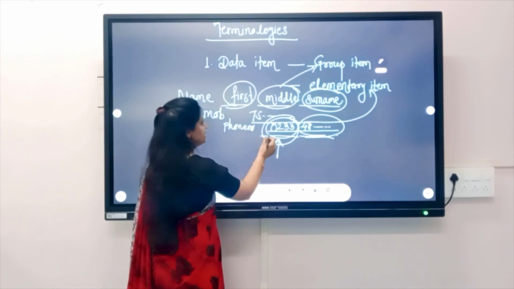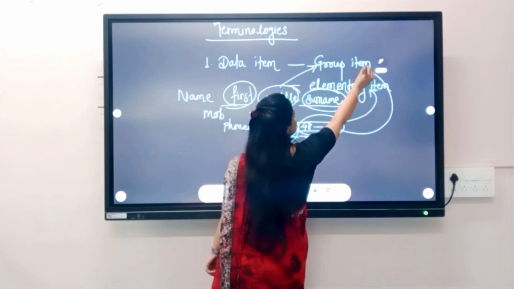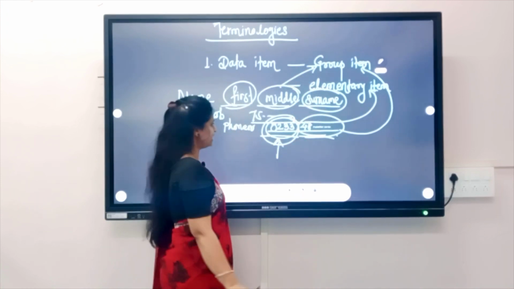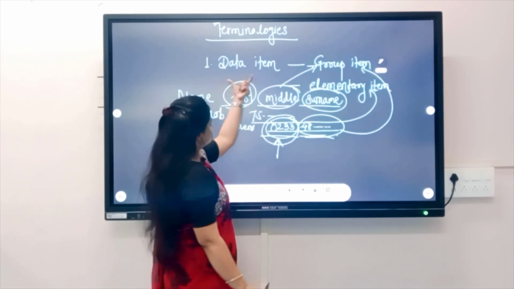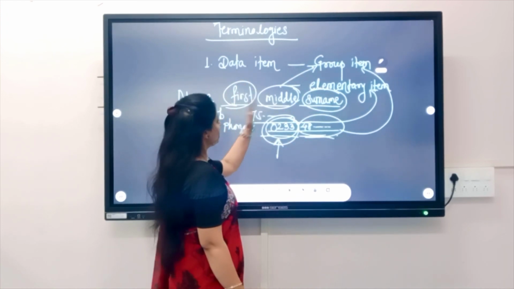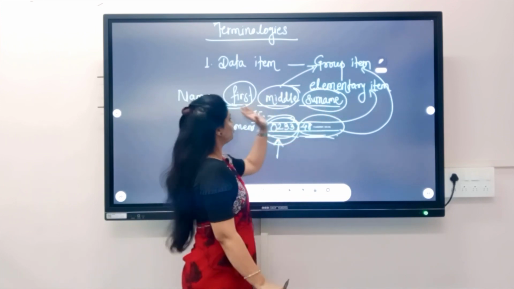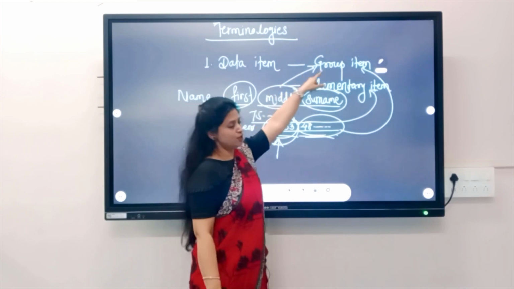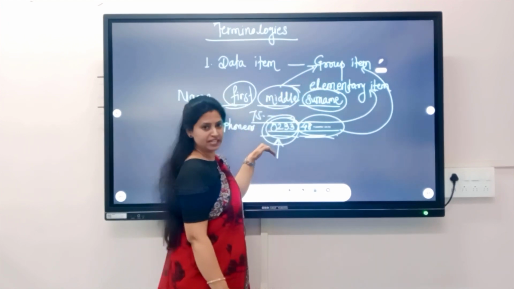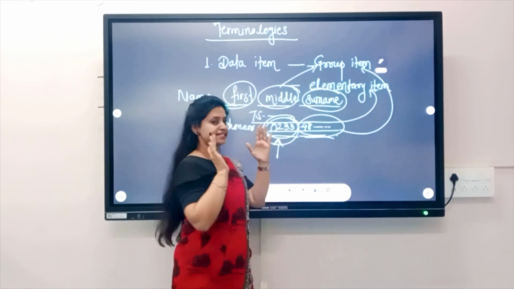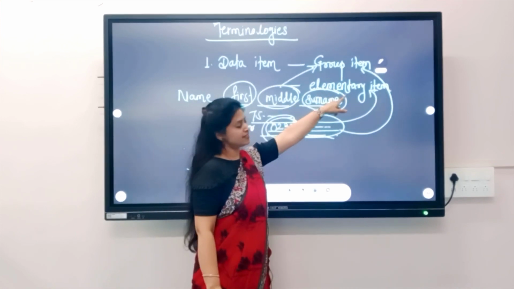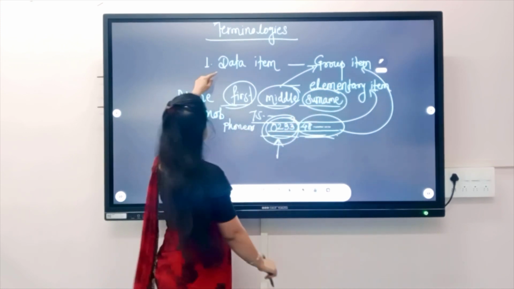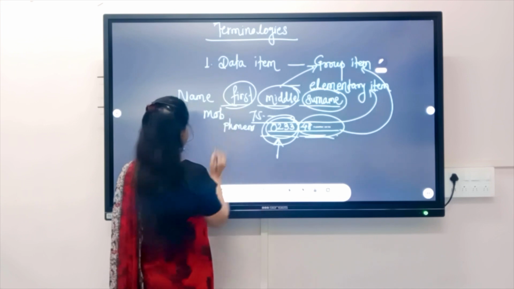It means that this is now considered a group item. Getting it? If a particular data item can be divided into a number of parts and those parts have their own meaning, then it is called a group item. If it cannot be divided and is a single unit only, then it is considered an elementary item. So this is one thing in data structure.